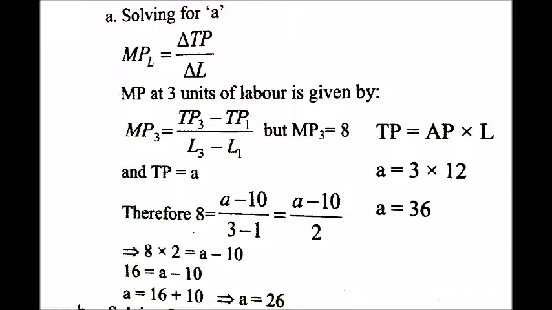We restate the formula and replace MP3 with 8. So 8 is equal to A minus 10, since TP3 is A and TP1 is 10, all divided by 3 minus 1.